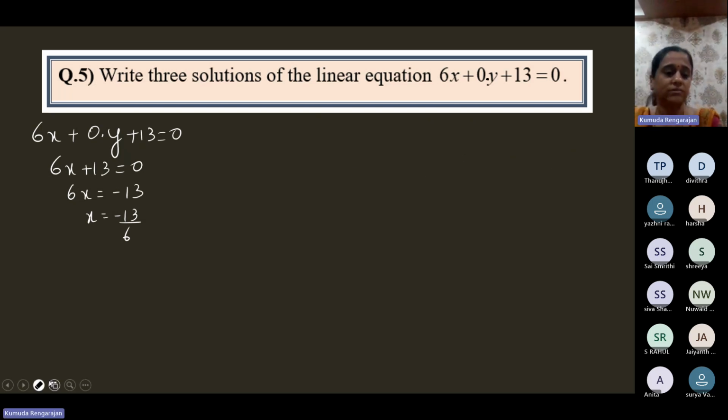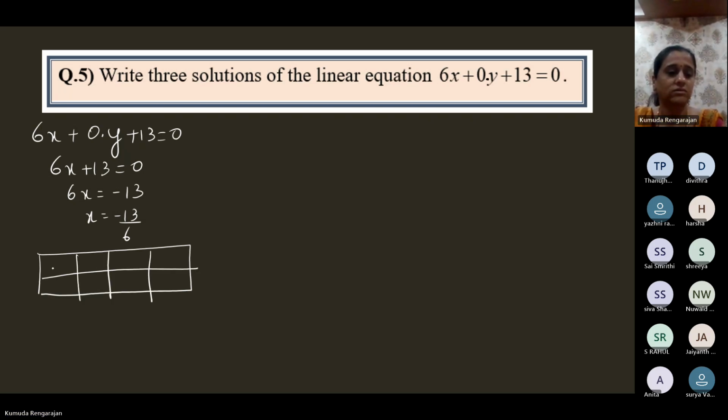So it means x is always minus 13 by 6, for any value of y. Any value for y, write 5, write 0, minus 5, say some 3, whatever, fraction, irrational number, whatever.